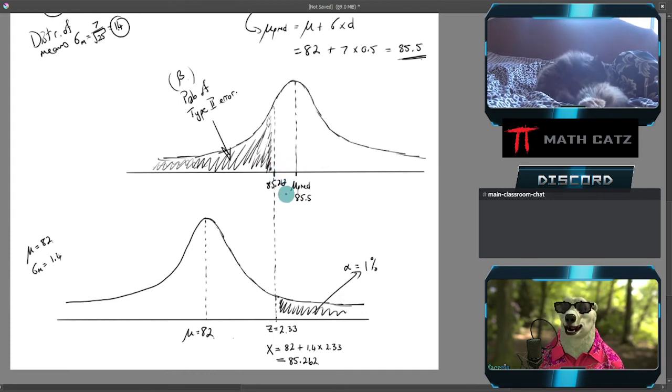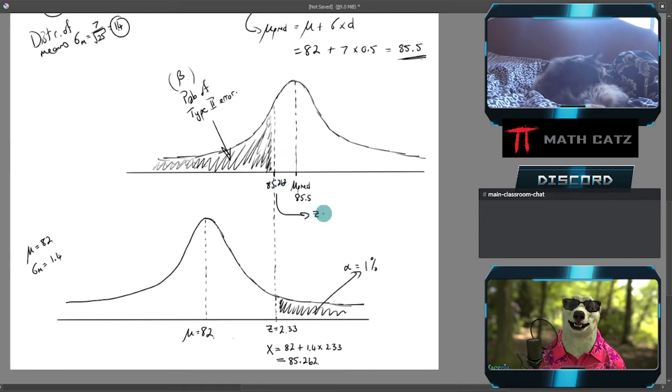So now let's find out what this probability is. Before I can go to my tables, I need to standardize this 85.262 on this distribution.